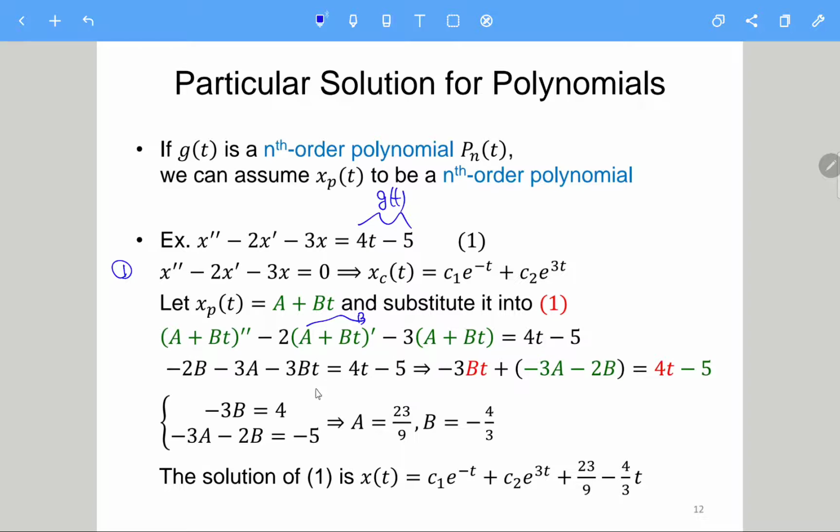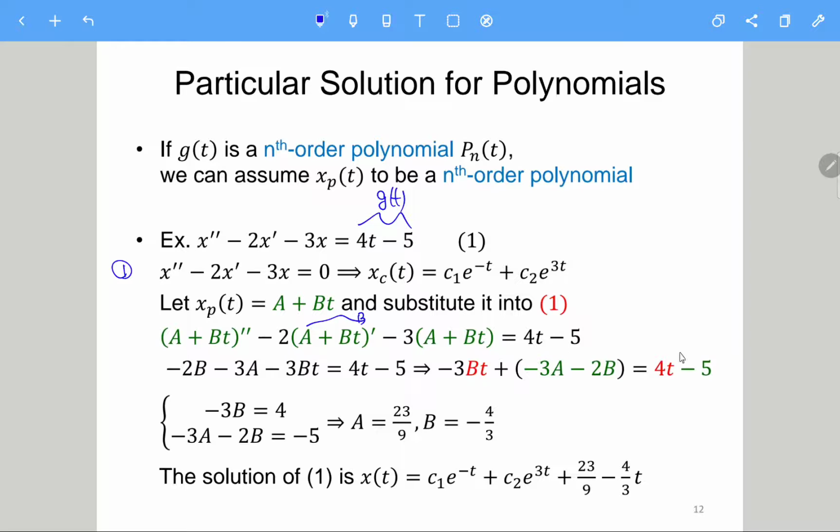Now we can collect the terms. On the left side we have minus 3bt here, and then minus 3a minus 2b here, and then equals 4t minus 5.